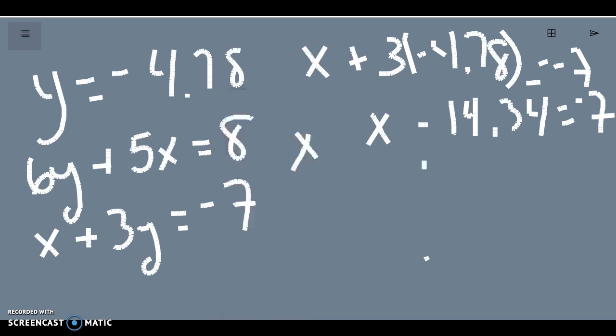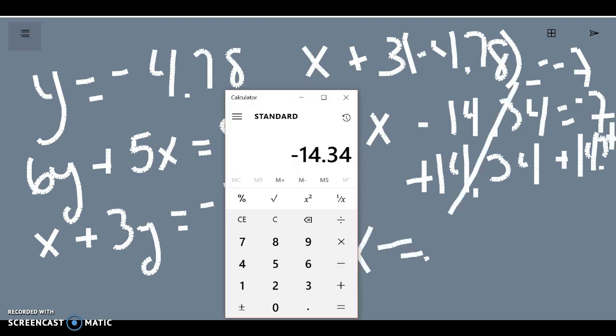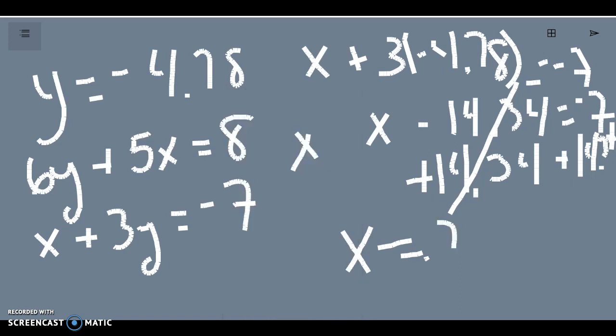Let me do the work here. I get negative 14.34, and adding 7 gives 7.34.